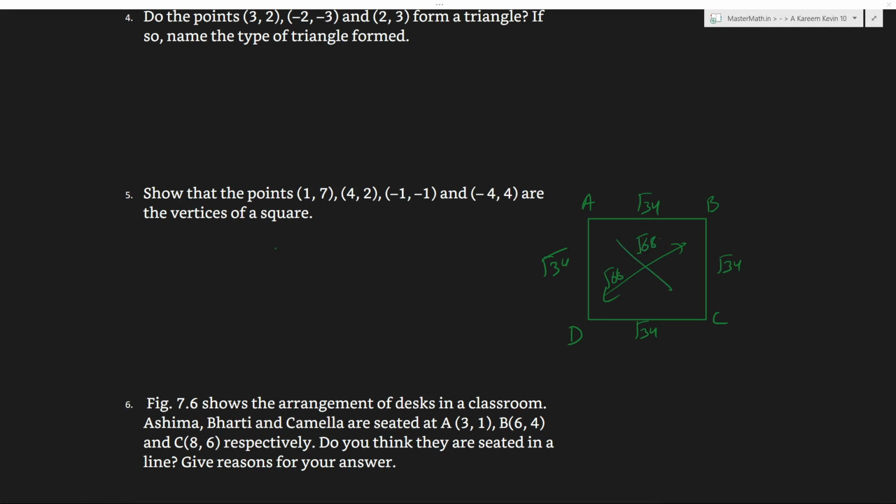Okay. What about Kevin and Karim? Sir, I didn't get that. Try that once again. I got a square. It's root 34, and the diagonals are root 68. Kevin, where did you go wrong?